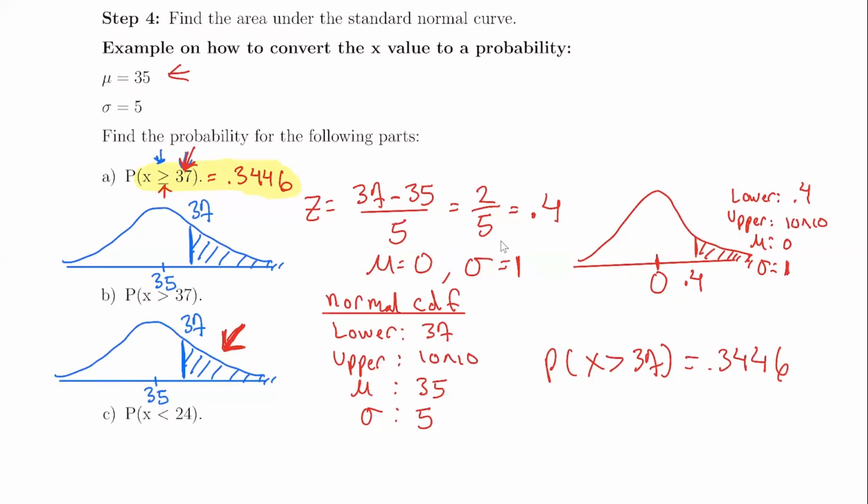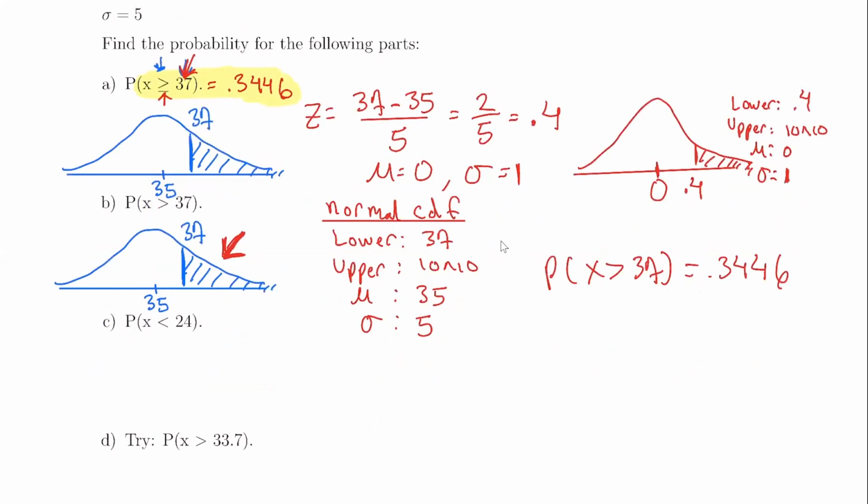It was just a fact that you only have one z-table, and the z-table had all of the different z values from negative 3.49 all the way to positive 3.49. So if you had a mu of say 35 and sigma of 5, you couldn't just look for the number 37 to see the probability. But now since we have technology, it kind of made it obsolete, where you don't really need to find the z value because the technology will find the area for you. Good to know. Yeah.